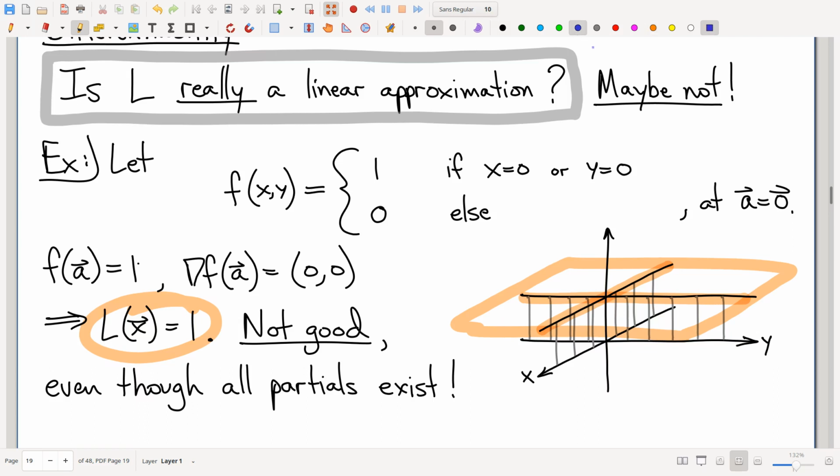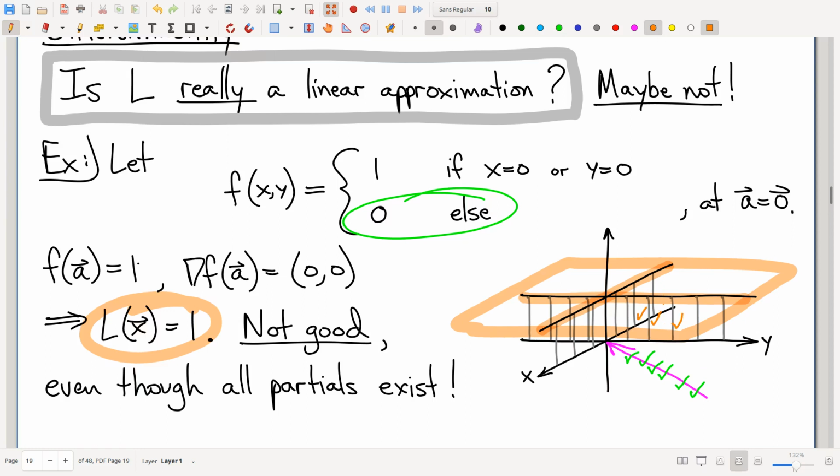Because, for example, as I move toward the origin, let's say in this direction, the value of the function is 0 the whole way along, but the value of my linear approximation is 1.